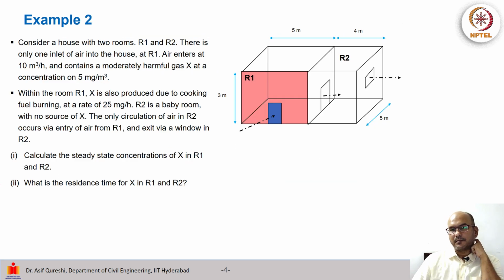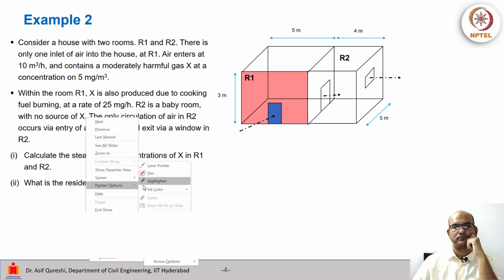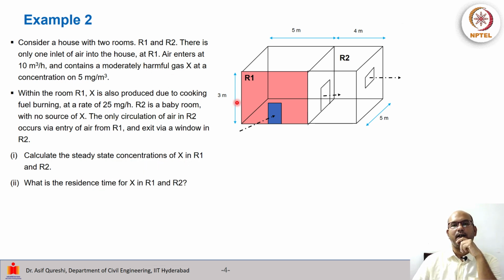Now a second example. We have a house with 2 rooms, room 1 and room 2. There is only one inlet of air into the house at R1. So this is our air inlet. Air enters at 10 meter cube per hour and contains a moderately harmful gas at concentrations 5 milligrams per meter cube.